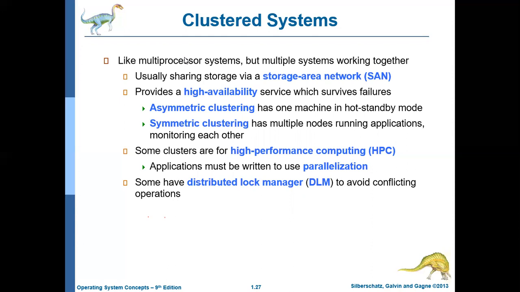So clustered systems are used primarily to achieve something called high performance computing, that is, to increase the computational power. And applications running in the clustered system should be able to achieve something called parallelization. That is, whatever task the application wants to do, it should be able to distribute among the multiple nodes. Otherwise, the nodes will be underutilized.